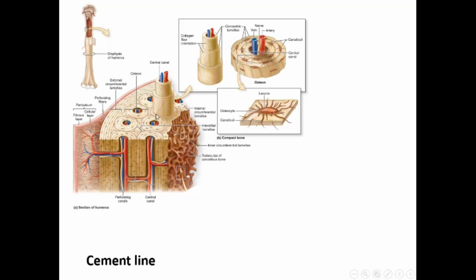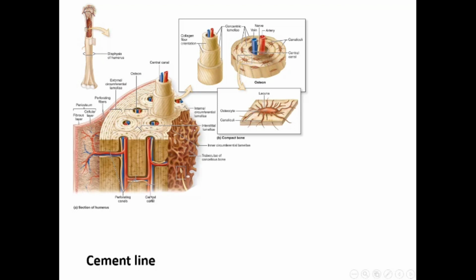Osteoblasts in the bone produce matrix in a circular manner, and the cells finally become trapped between the layers and become osteocytes. You can see osteocytes between the layers.